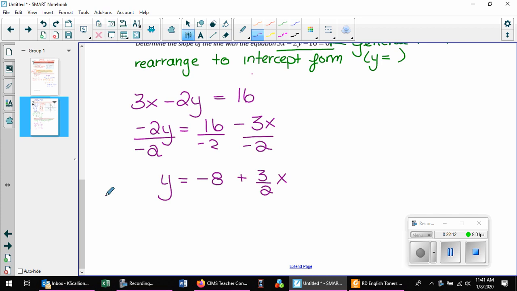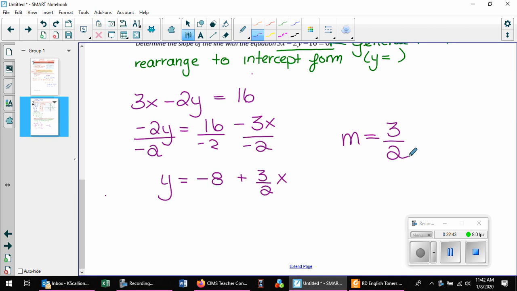Does it matter if you change it? Where's my slope though? It's stuck to the x, right? So even though usually we put the x first, it's the coefficient, the number in front of the variable x. So my slope is a positive 3 over 2.